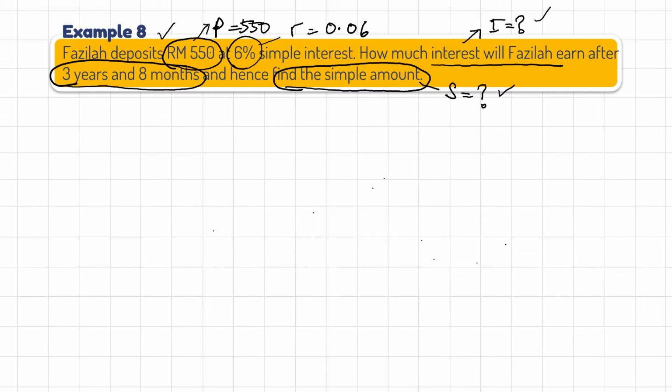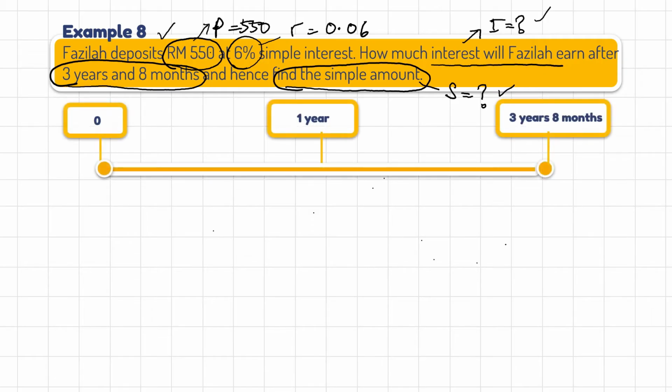Let's portray all the information on the timeline. So the timeline will be like this. Here we have 0, which is represented by today. Here we have 1 year and 3 years, 8 months. And the loop here represents our R equals to 0.06.